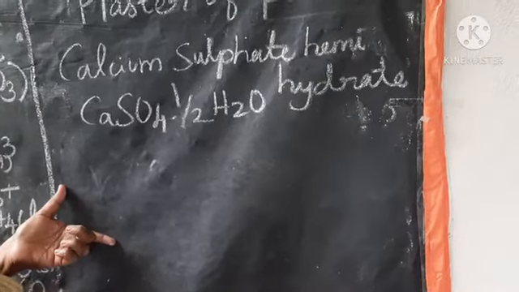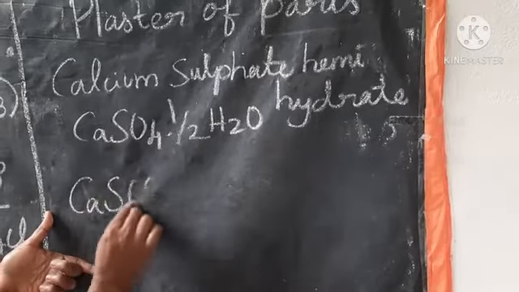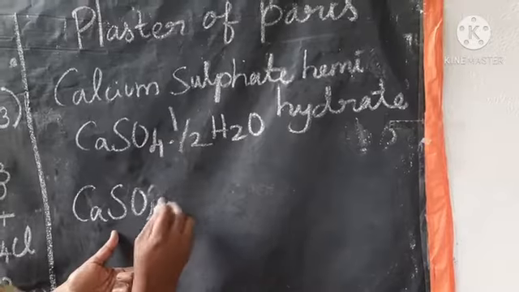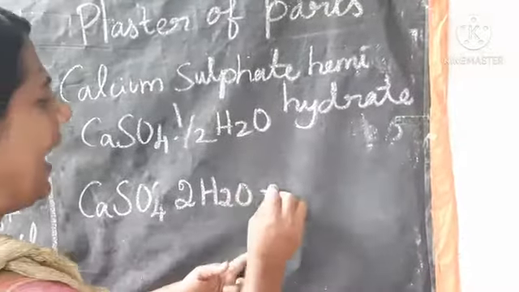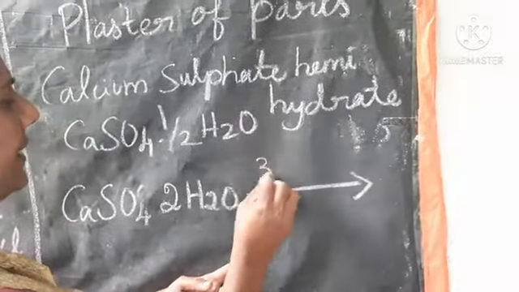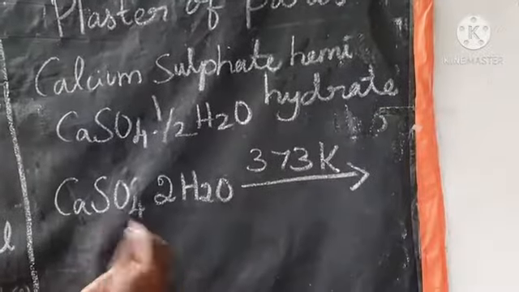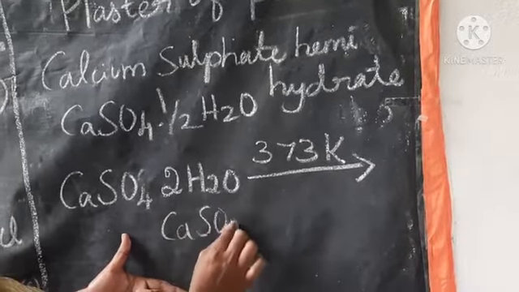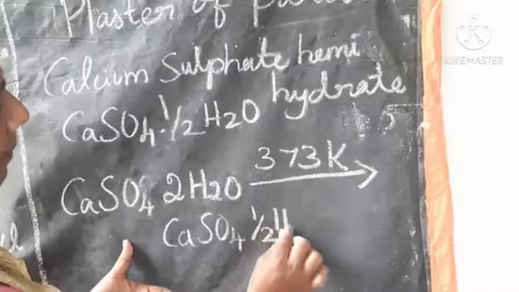How is it prepared? Let us see. It is prepared from gypsum. Gypsum's formula is CaSO4 and 2 molecules of water, and it is heated at 373 Kelvin. It gives out 1.5 water molecules and forms plaster of Paris.